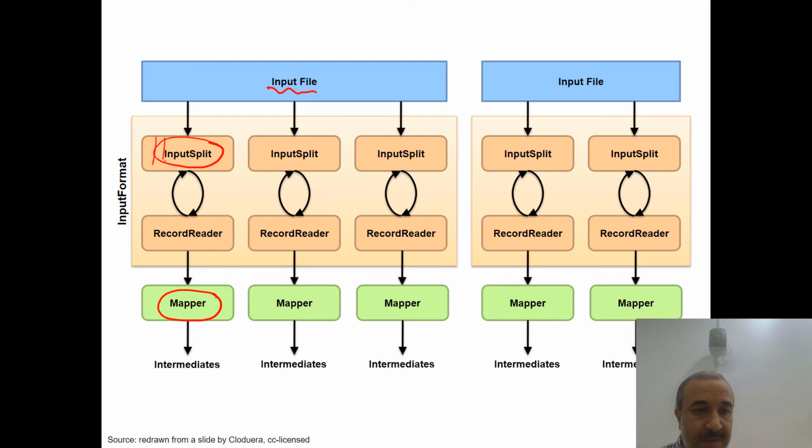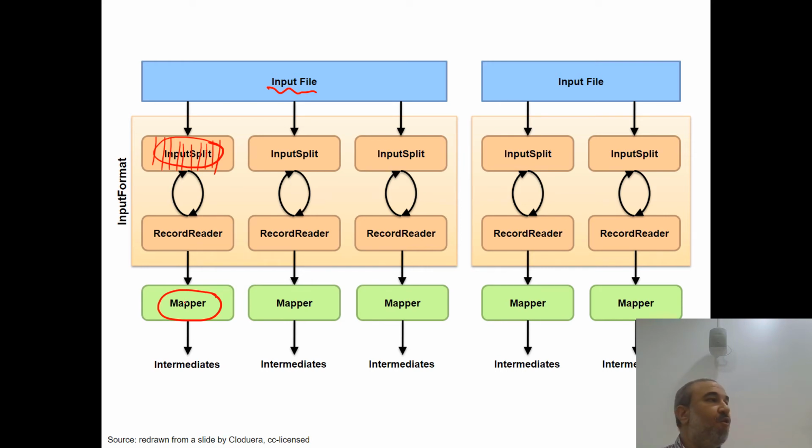Inside this, you will see multiple records. That's why we have a record reader within Hadoop. There is a record reader that will iterate over this split to read the records one by one. What happens when we read one record?